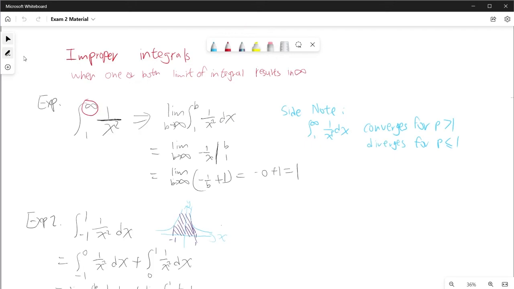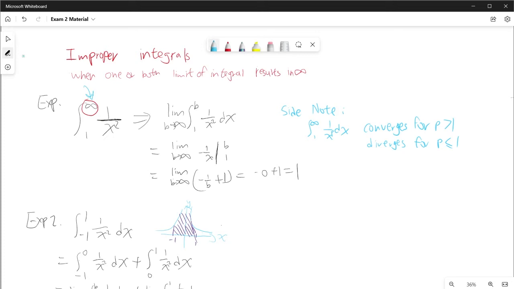Now let's move on to improper integrals. An improper integral is defined when there is an infinity anywhere within the integral. Sometimes it might not be in the limits of the integral. In our example 1, there's an infinity in the upper limit, but it might not be.